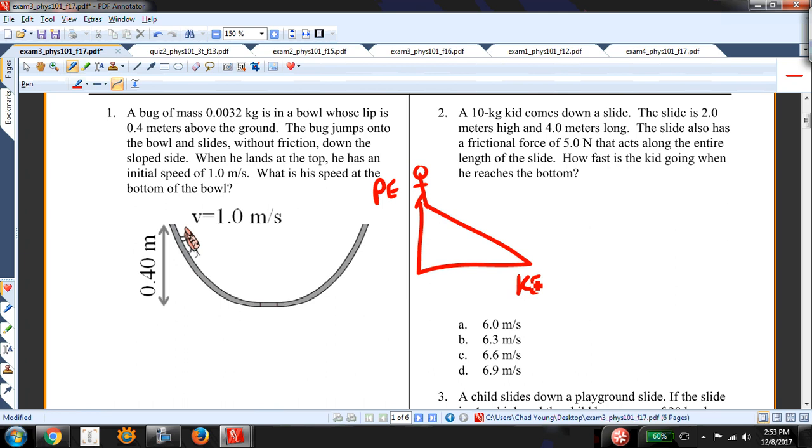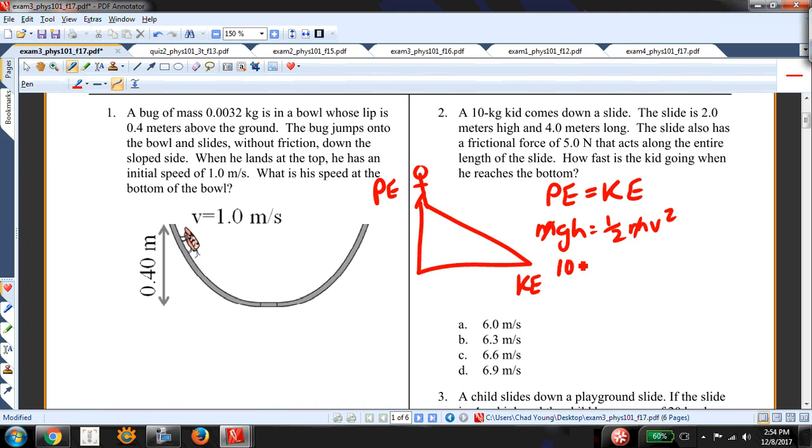If there was no friction, all of that potential energy would transfer into kinetic energy. But it turns out the friction does work on the kid. But first, let's solve this if there was no friction. It would be mgh equals 1/2 mv squared. The masses cancel.